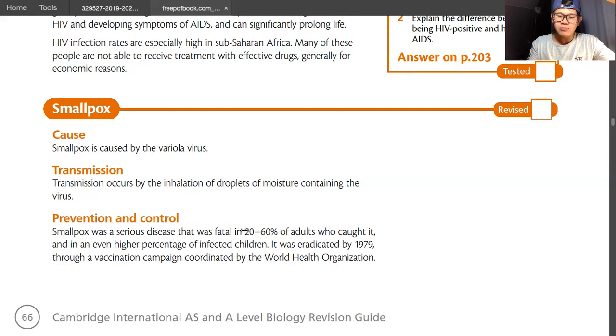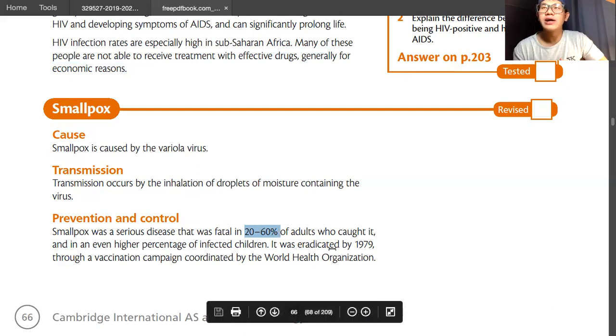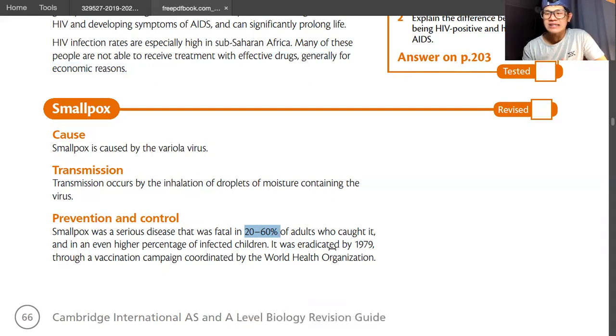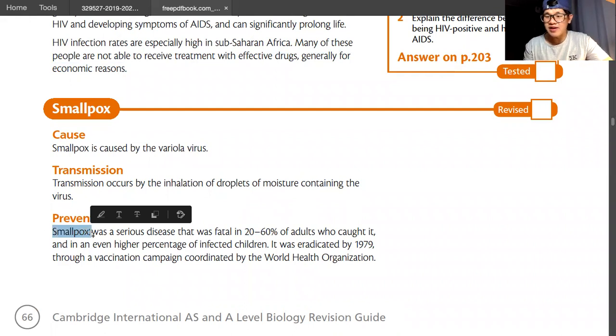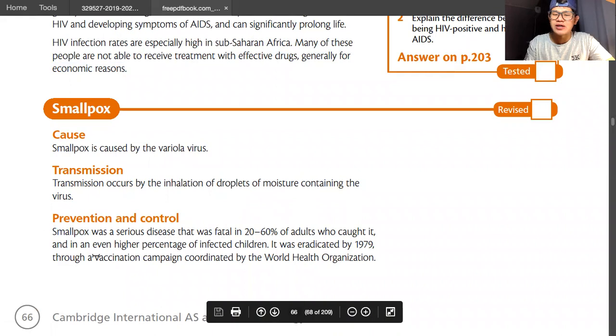Okay, so anyone who gets it, about 20 to 60% of them actually die because of the smallpox. And this was long before, in the 50s, 60s, and the 70s. During those times when smallpox was prevalent, they don't actually have access to vaccinations because they don't have the vaccination programs yet.